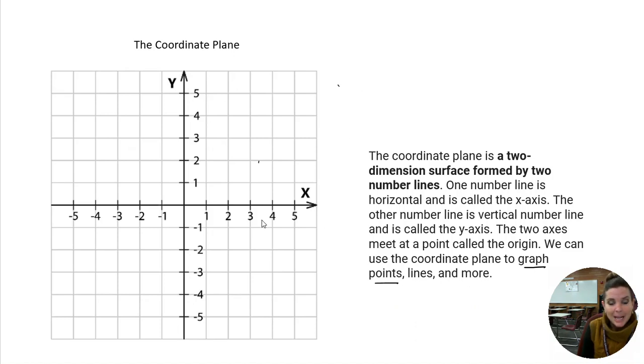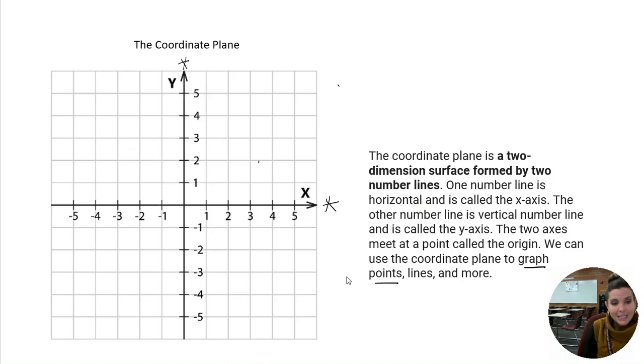So you can see that I have put an image of the coordinate plane here in your video. This axis right here, the one that moves left to right, is a horizontal line. That is called the x-axis. The axis that moves up and down is vertical, and that one is called the y-axis.